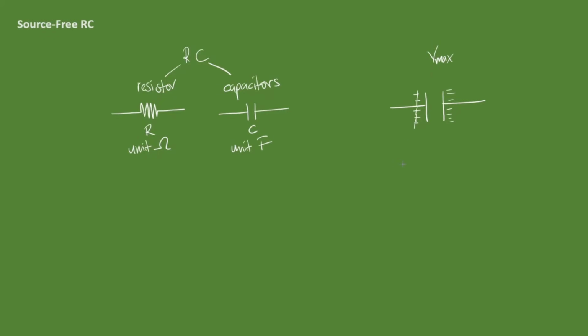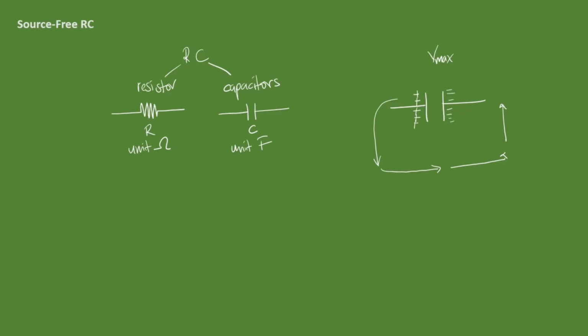Once the current stops, your capacitor becomes a source. It can now release the voltage it's been storing through the circuit and back around until it dies again, and the cycle can continue.